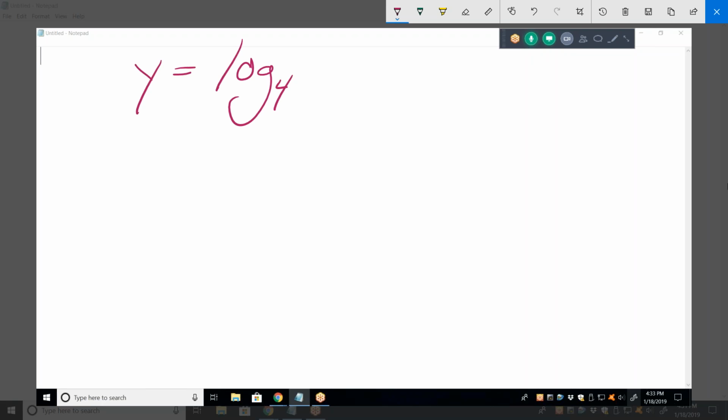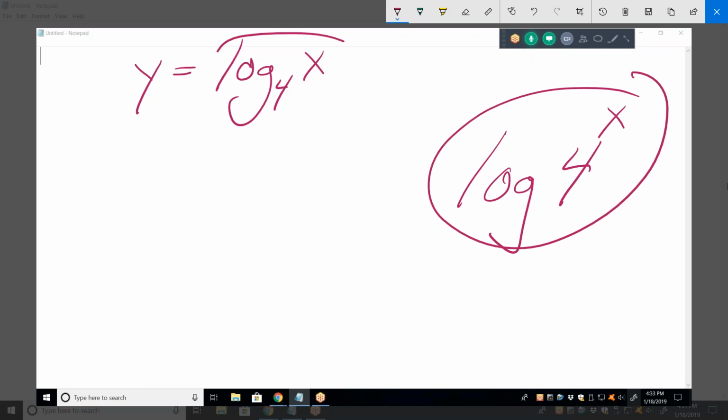It's not to the x power, it's y equals log base 4 of x, is the way you pronounce that. Unless you meant this. Hold on. There's two different things. There's this one, and there's this one. Which one did you have? The first one.